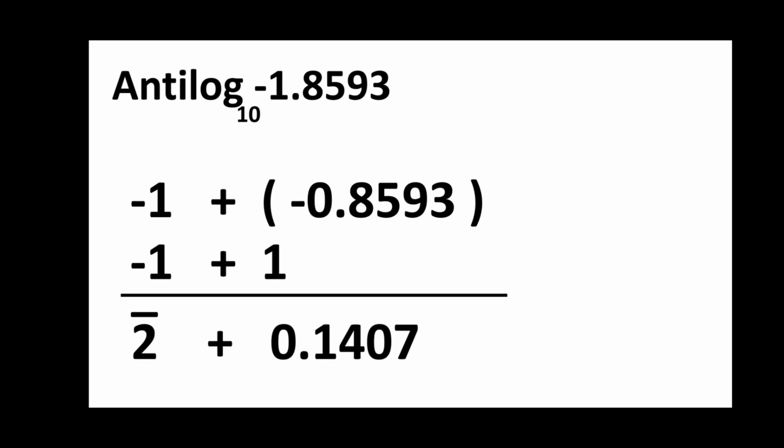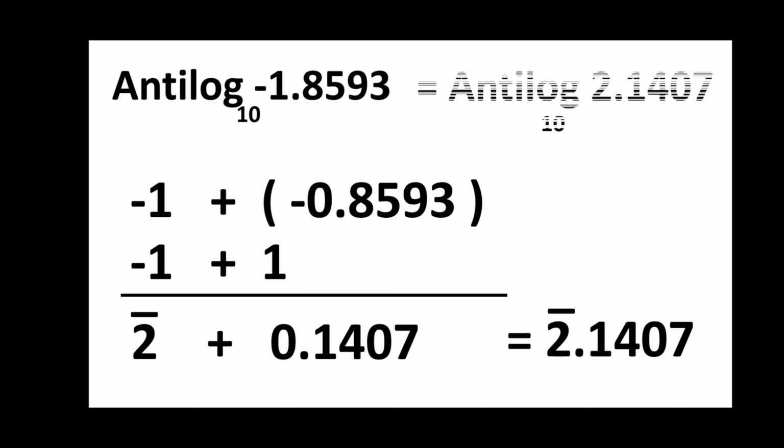We got 2 bar and 0.1407. By adding these two numbers, we get 2 bar 0.1407. Therefore, antilog of minus 1.8593 with the base 10 can be written as antilog of 2 bar 0.1407 with the base 10.